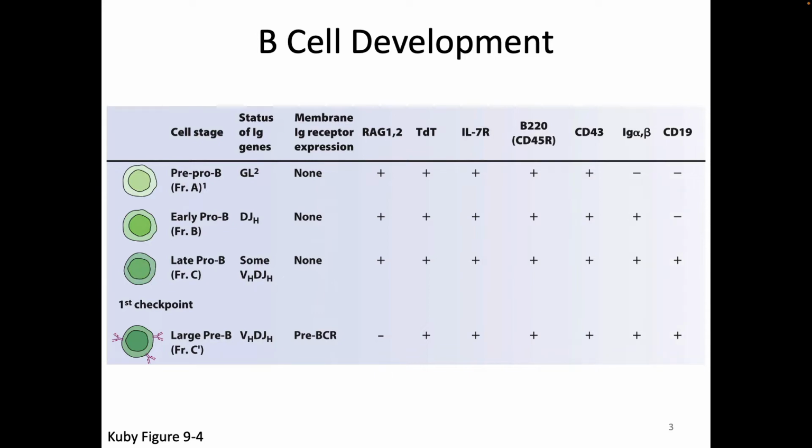We also had the pre-B cell. The pre-B cell was first testing the heavy chain, and then it was doing light chain rearrangement, and it had the pre-BCR on its surface, which is the heavy chain plus surrogate light chain.